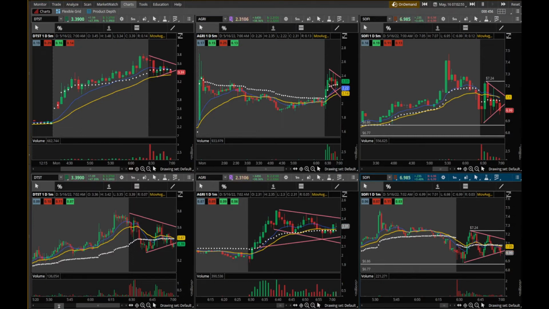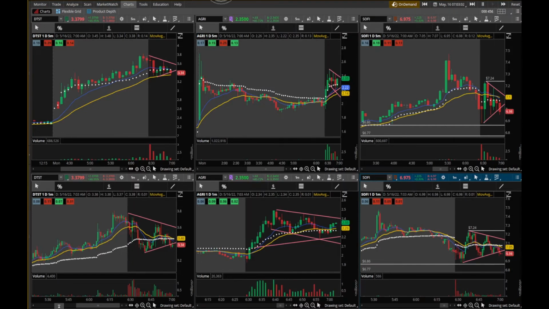I could probably wait a little while and maybe these things will finally break out of their consolidation patterns. But I am not going to. I'm not the kind of person that likes to trade later in the day, but I do find that sometimes around the 10 o'clock hour, you'll get some nice moves.